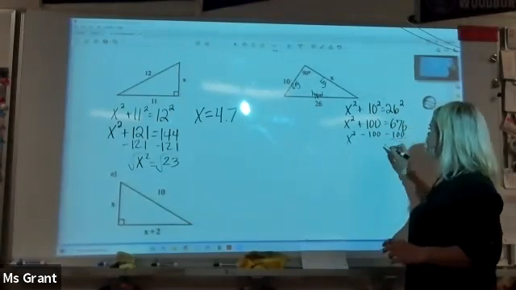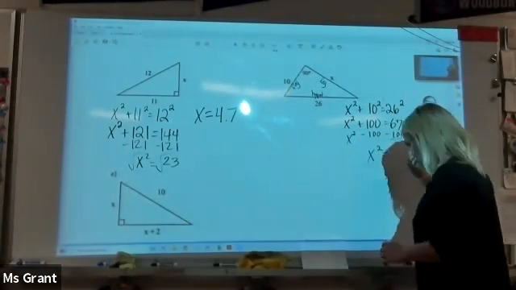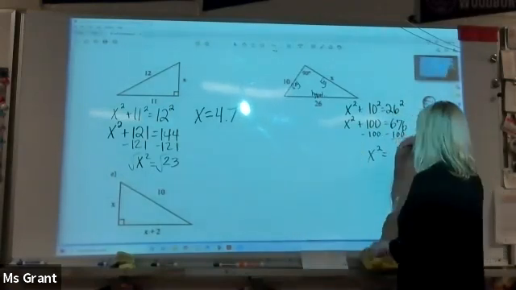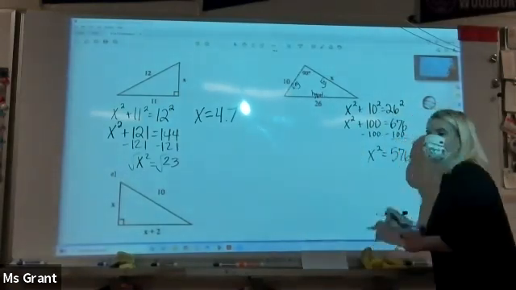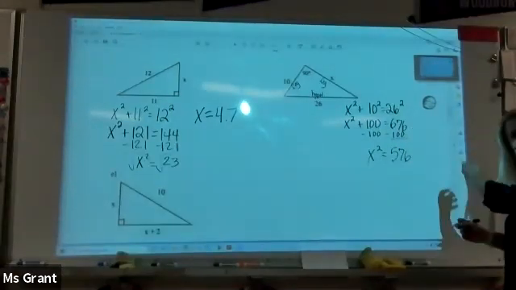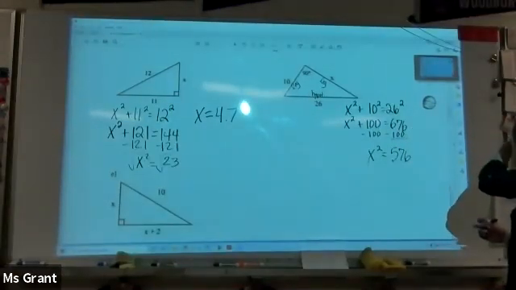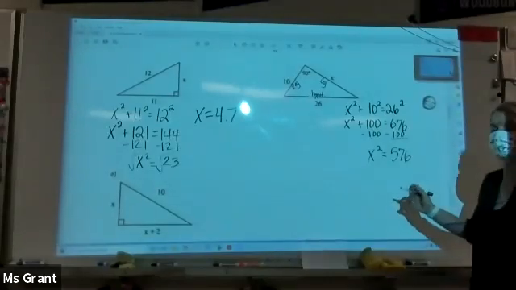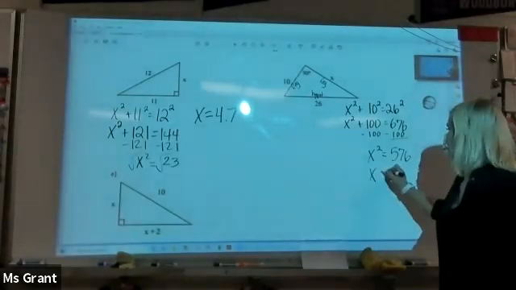This is easy. X squared equals 576. So what is it? It's a perfect square, by the way. 24. Yep, thank you for saying that, 24.